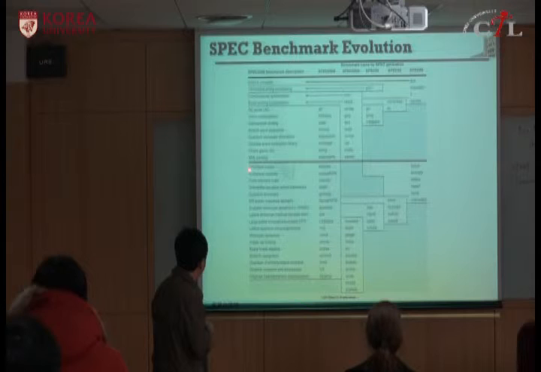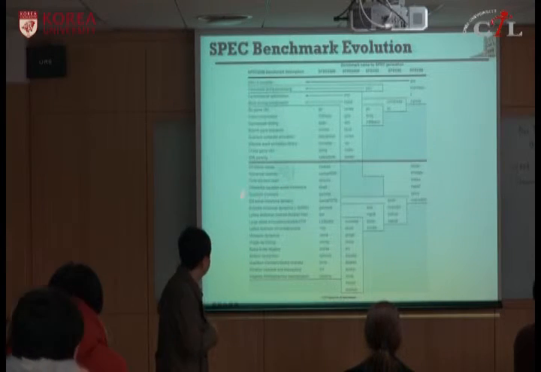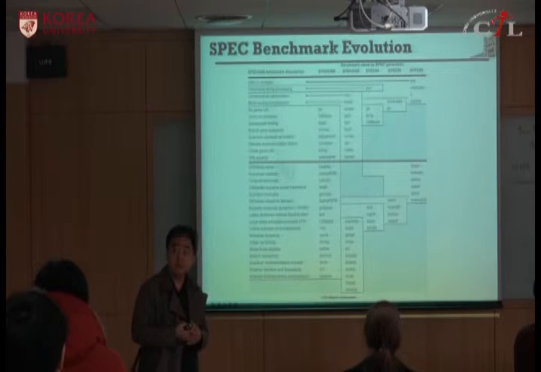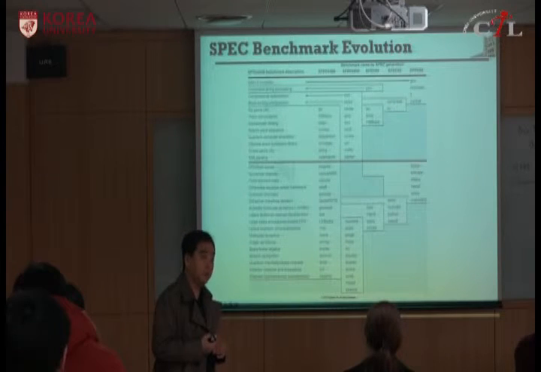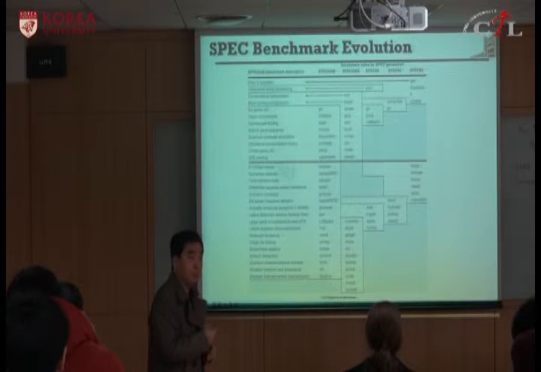So you have computational fluid dynamics, numerical relativity, finite element, differential equation, quantum chemistry, and so on. Most of these applications do lots of floating point computation. So that's why these benchmark applications are called floating point benchmarks. These are called integer benchmarks, to compare.